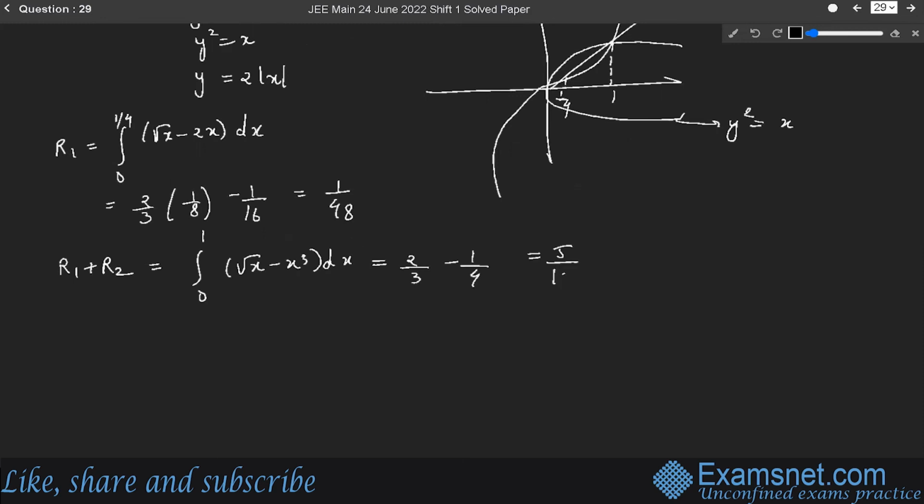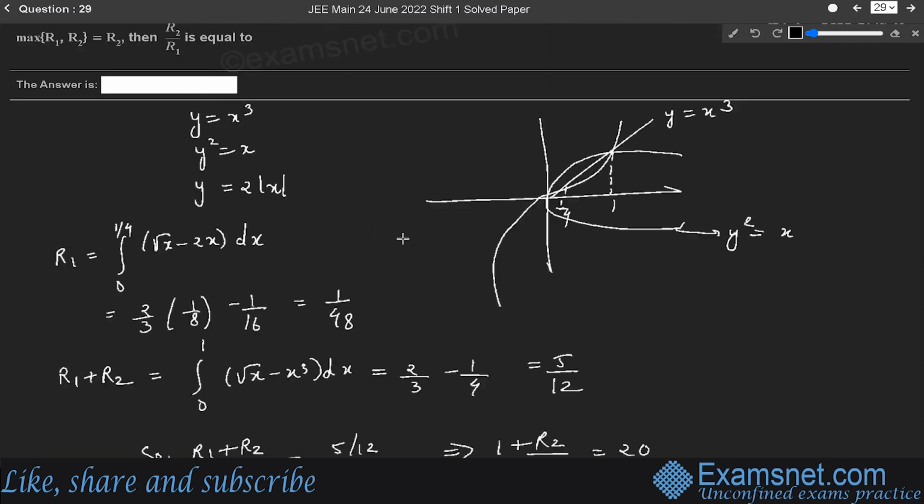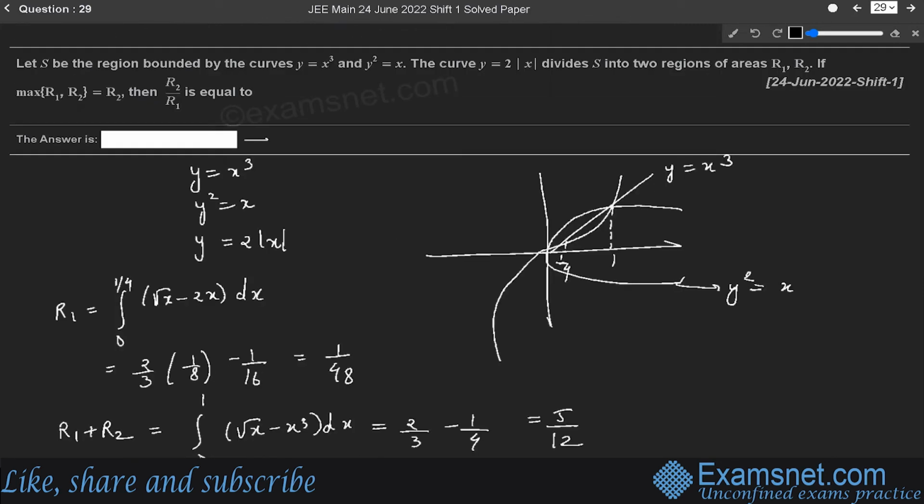So it will be equal to 5 by 12. So (R1 plus R2) upon R1 will be equal to 5 by 12 divided by 1 by 48. So it gives 1 plus R2 upon R1 will be equal to 20. So we can say that R2 upon R1 will be equal to 20 minus 1, which is equal to 19. Therefore, the correct answer for this question is 19.